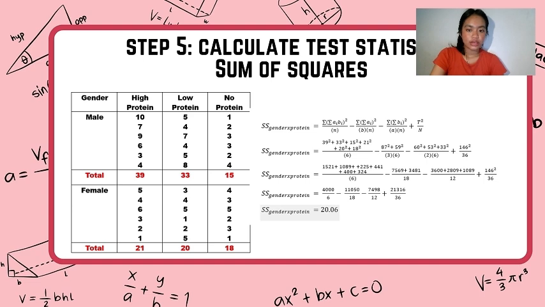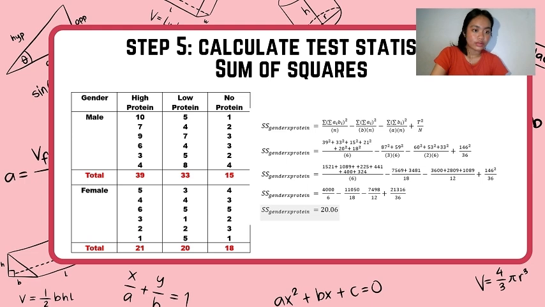Next is to calculate the sum of squares of the interaction. The red numbers represent the total of each of the columns, so you'll be using that.